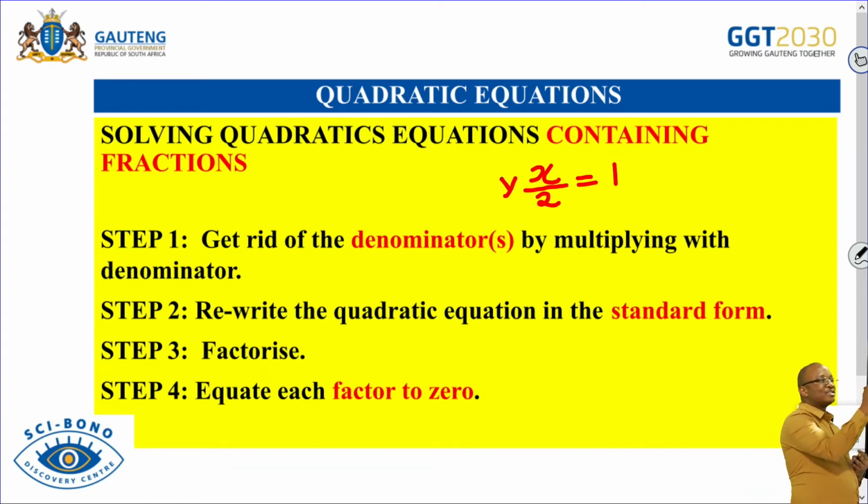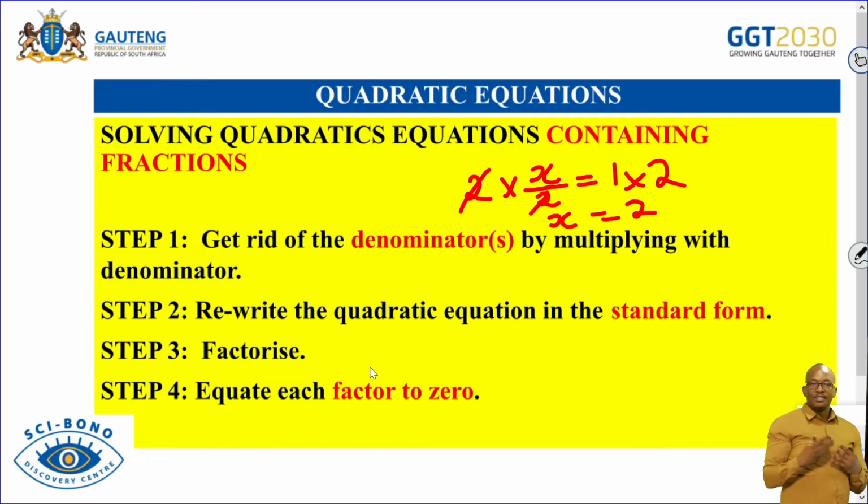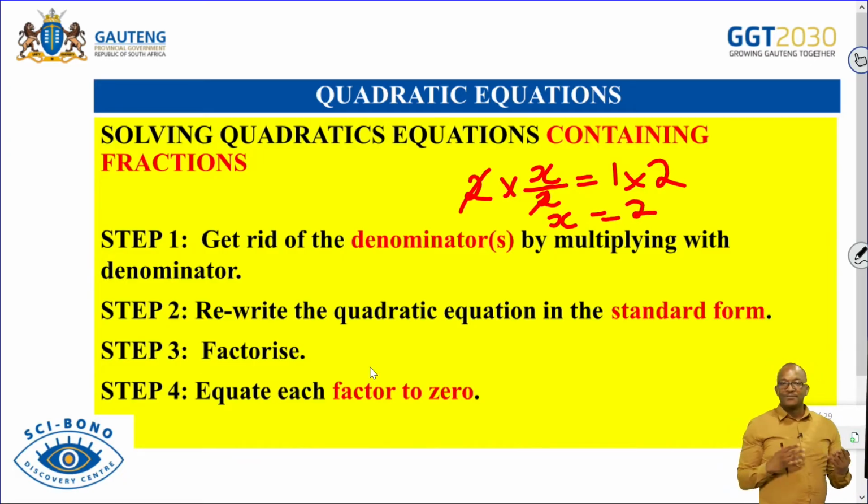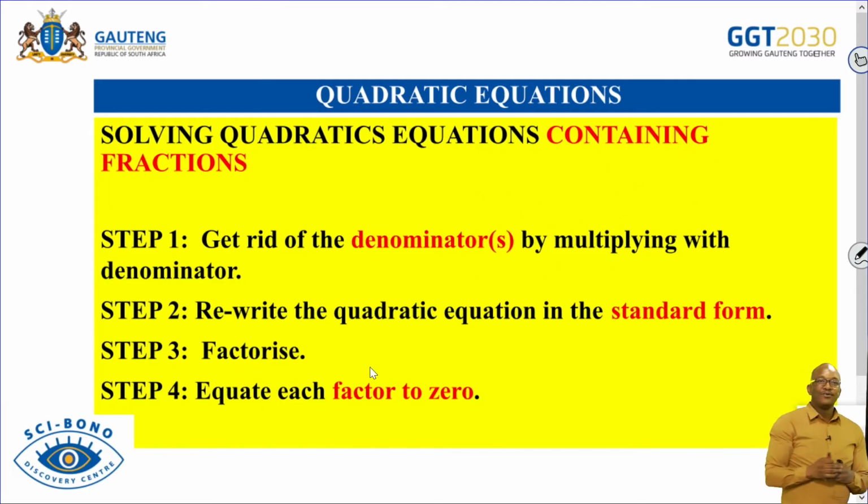It means I will multiply this side by 2 and I multiply this side by 2. Knowing very well that these 2 will cancel, then I will remain with x is equal to 2. That's what they mean about multiplying by the denominator. Remember, the denominator in a fraction is at the bottom and the numerator is on top.